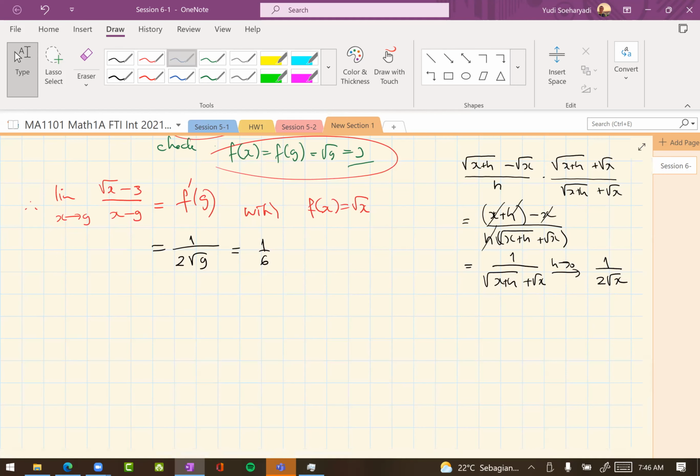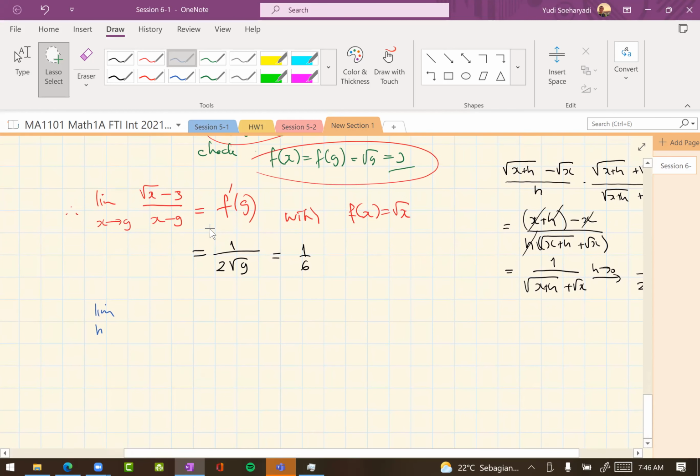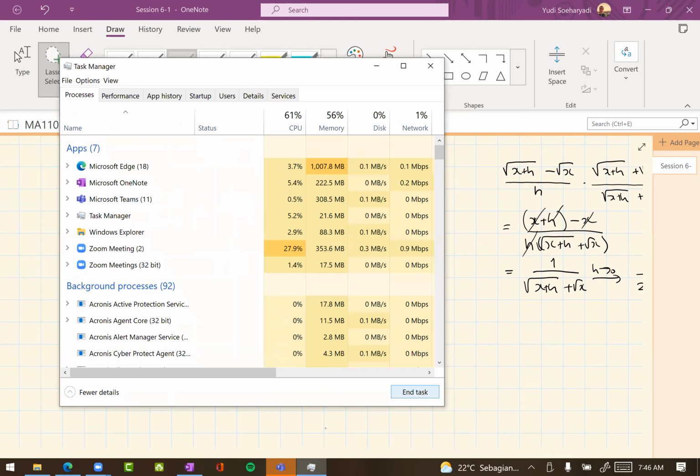Okay, so the next example is this one. It's a limit. Get stuck, okay? What happens to this one? Actually, it doesn't take too much.